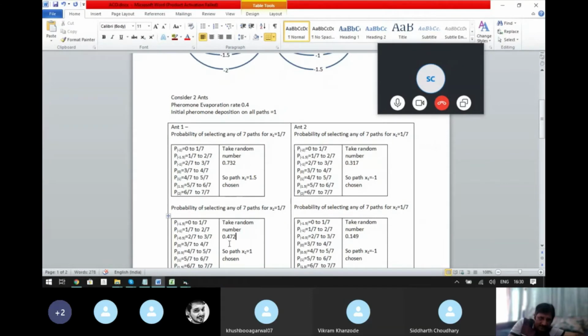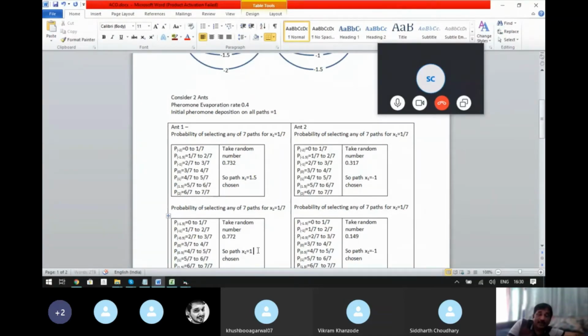I will correct it this time, otherwise I will have to change the whole thing. It is 0.772, and because of that, the value of x2 selected comes out to be 1.